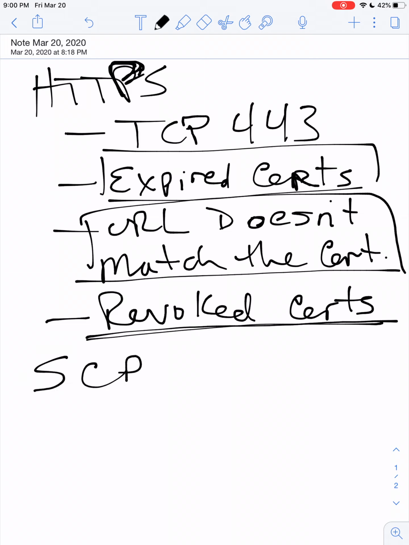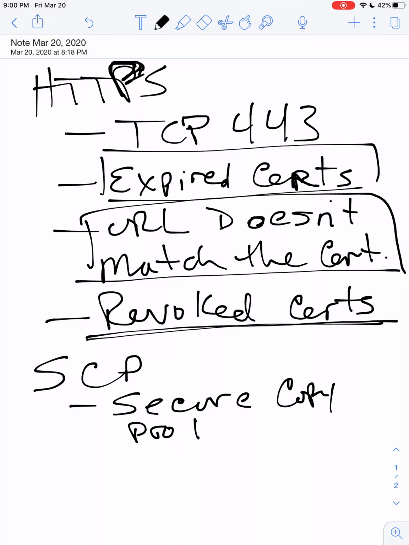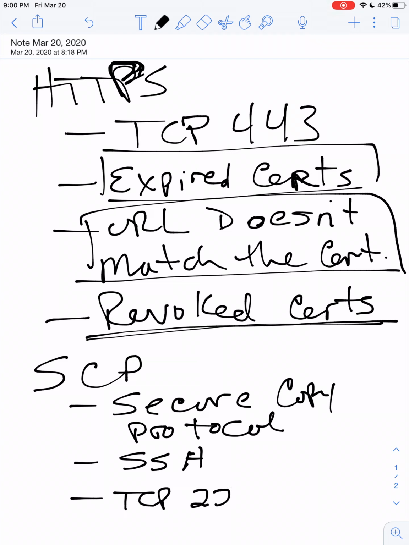SCP is the Secure Copy Protocol. This is SSH enabled. So guess what port it uses? The same protocol that we had for SSH. Some people will call this Secure FTP, but it is not an FTP protocol.